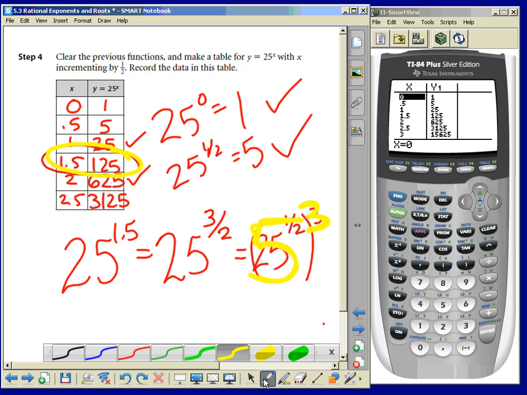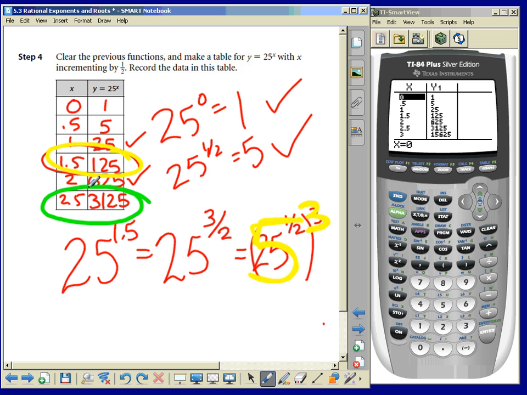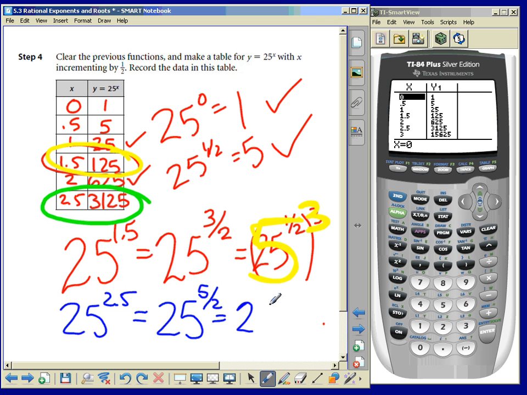The next one, 25 to the 2.5 power. Let's explore that briefly. That's going to be the same as 25 to the 5 over 2, which would be 25 to the 1/2, then to the 5th.